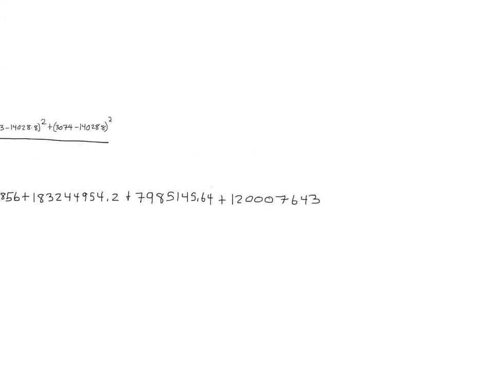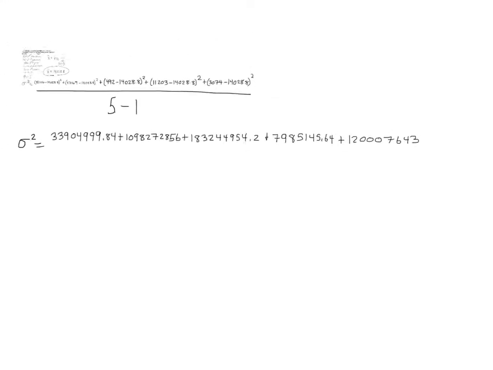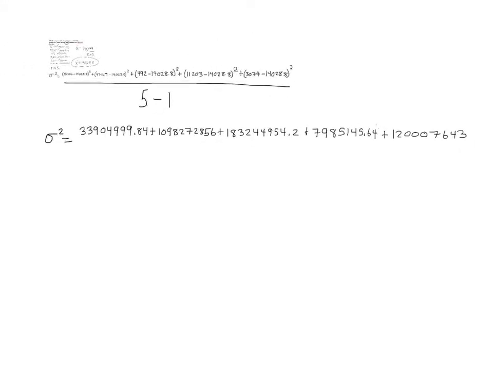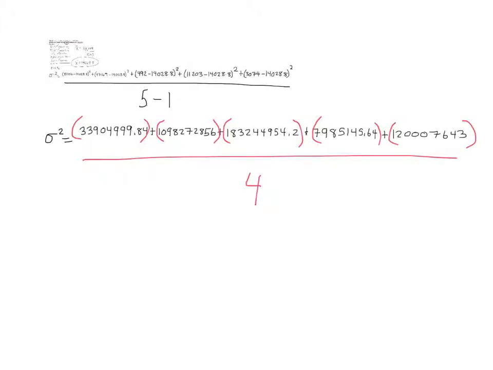Okay, so now these five values I've got here, let me show you them. I've got 1, 2, 3, 4, 5, and I'm going to put them in parentheses so you can clearly see them. And I'm dividing all those by 4 because it's a sample. If it were a population, I'd divide by 5.